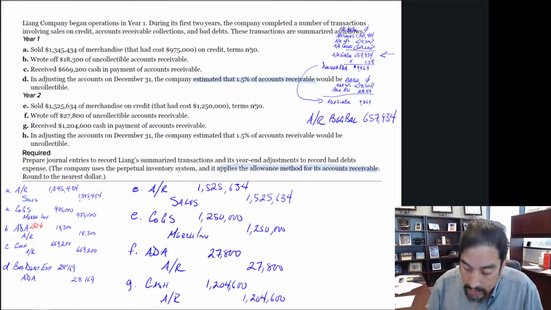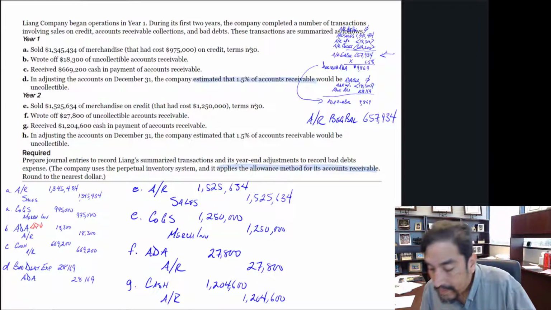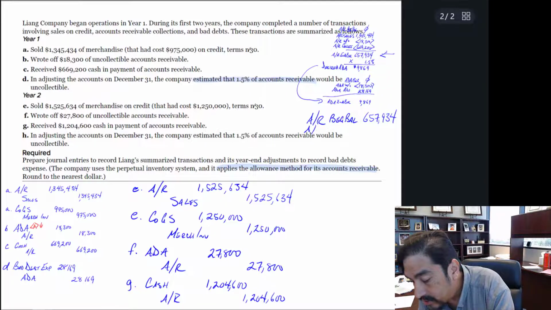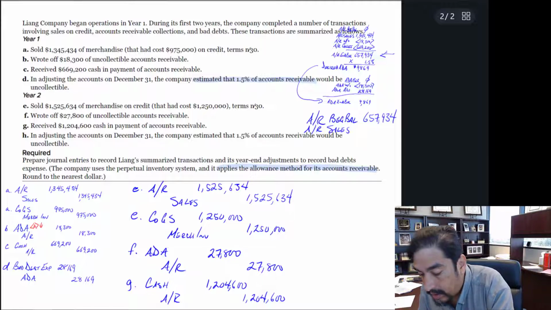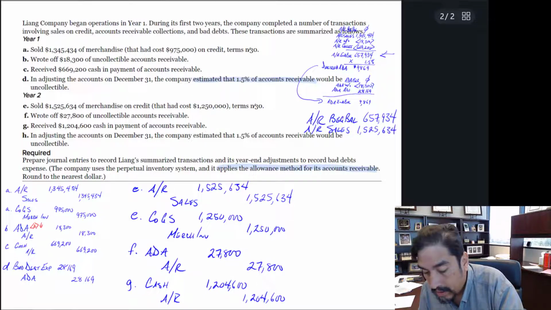And now I go through E, F, and G looking for accounts receivable. So E, I've got accounts receivable sales of 1,525,634. And then that's E1, nothing in E2.